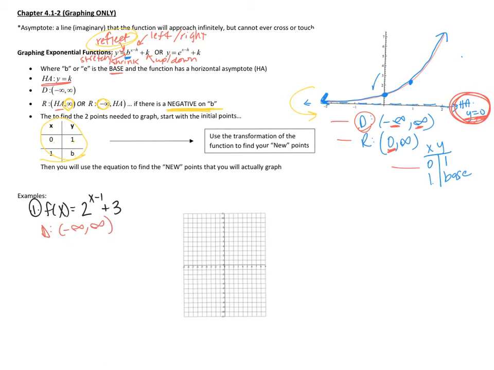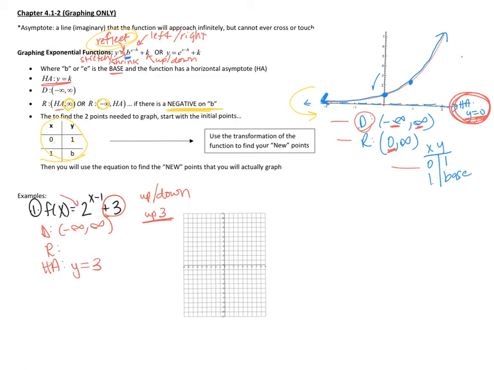However, my range is going to come from that horizontal asymptote, which comes from how do we move up or down. So let's see in our equation how we're going to move. So I see that we have a plus 3, which means we're going to be moving up 3. So if we are moving up 3, that means my horizontal asymptote is going to be y equals 3.